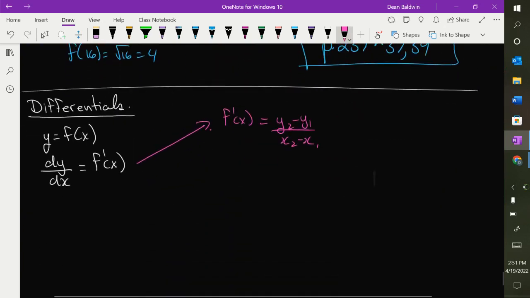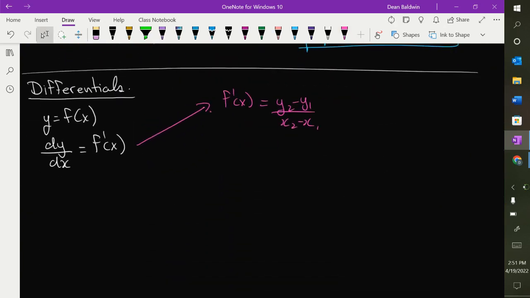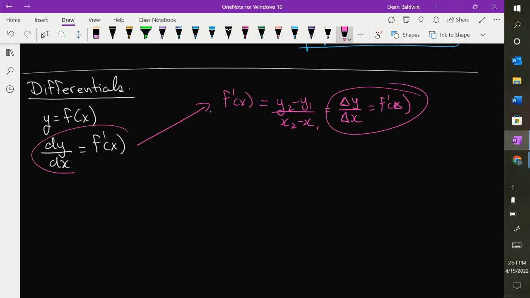What I'm going to do is I'm going to say, if you've taken physics, y2 minus y1 and x2 minus x1, those are deltas. That's delta y over delta x. That's f prime of x. So now this and this are very, very similar, right?